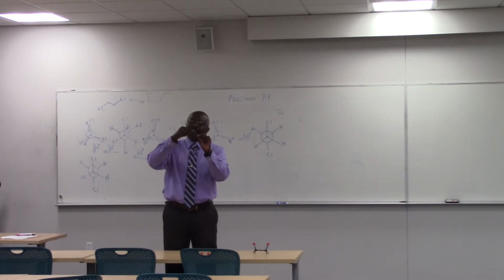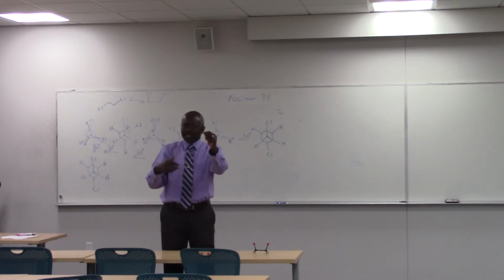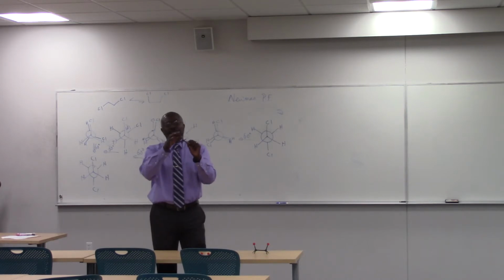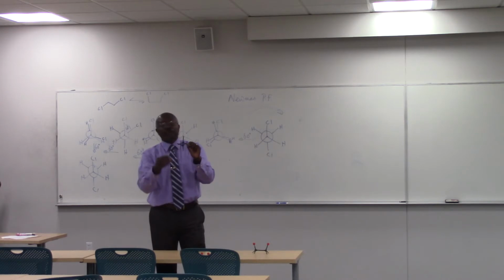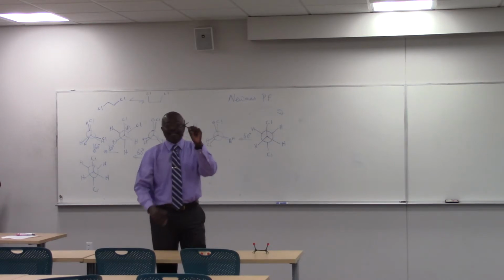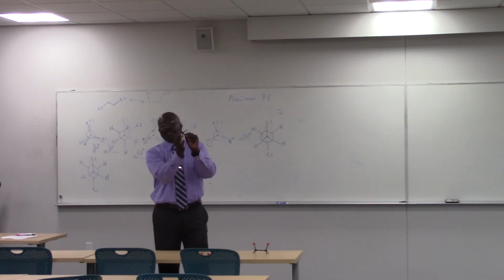This distance is larger in the staggered, and if you get models, you'll see it pretty easily. Which means the repulsion between electron pairs on adjacent carbons is less in a staggered conformer, where the distance is larger.